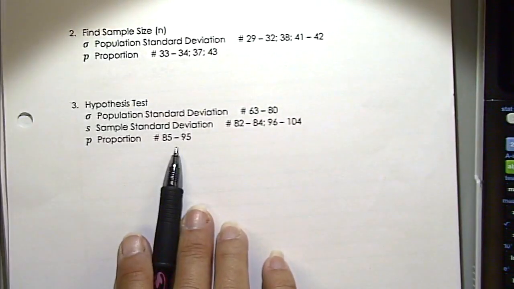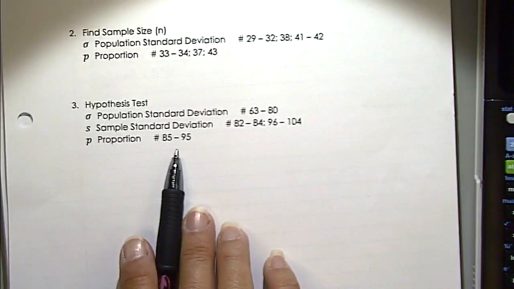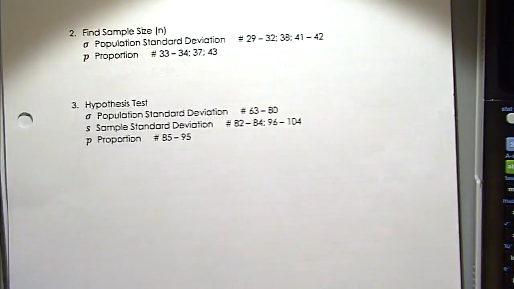Problem 85. What about that one? Doesn't help us. I want to do a two-tailed test, so look for a proportion problem that has a two-tailed test. I've already worked a proportion problem with a two-tailed test for you, and that was the only one there.